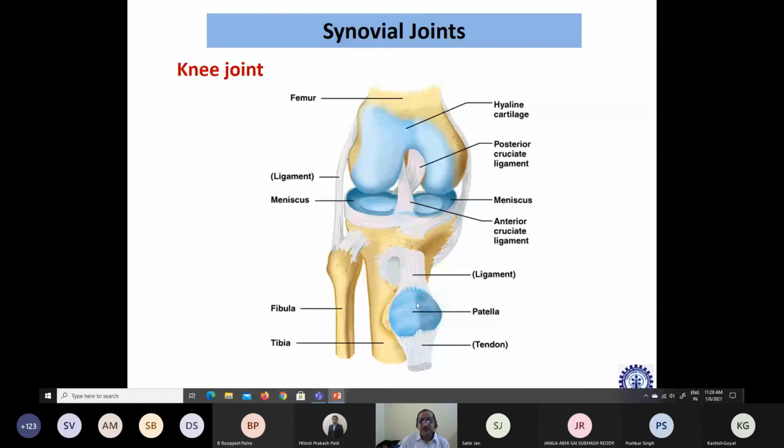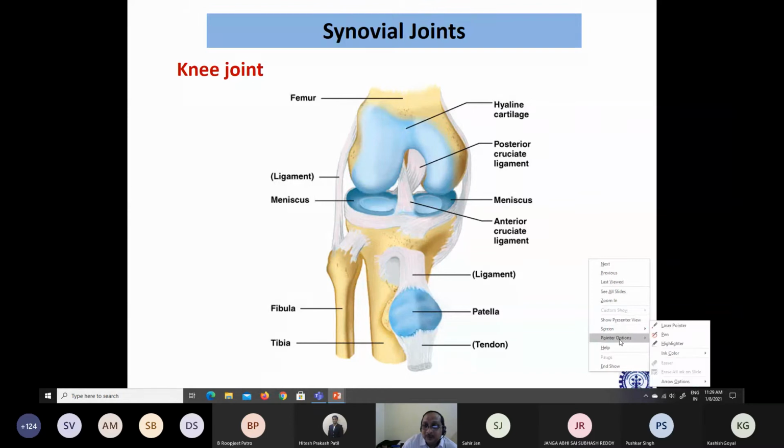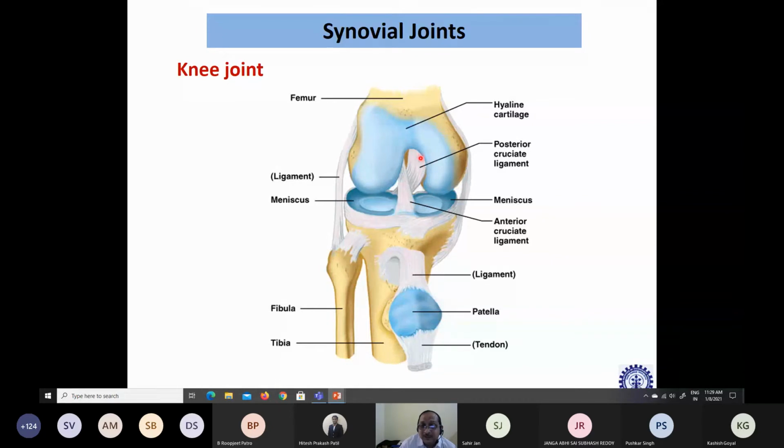The patella has to be in the front, remember. The patella is your kneecap. They've taken the patella out, but this patella should come up and seal this part in the front.